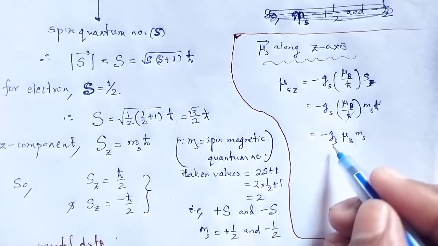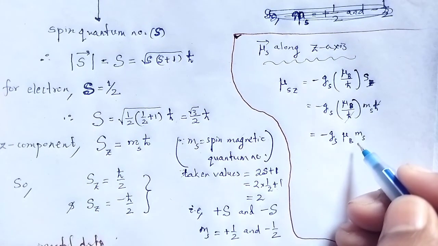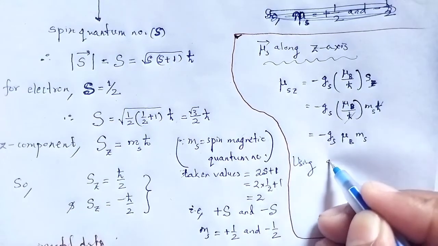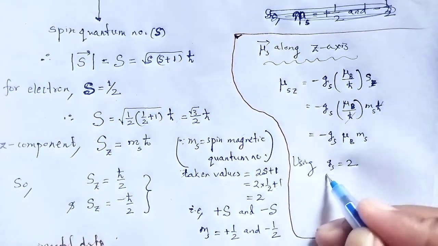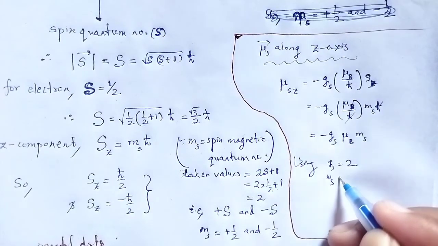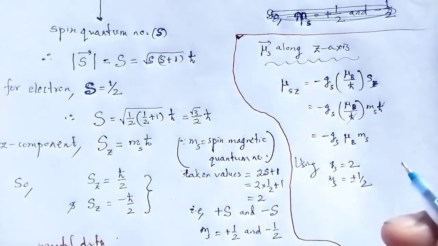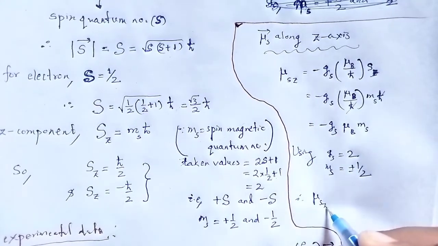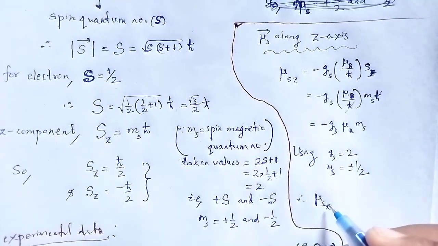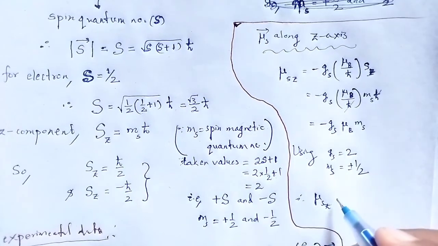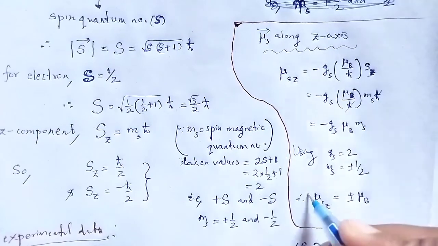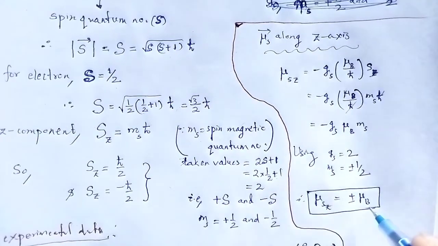Here we use Gs is equal to 2 and Ms is equal to plus or minus half. Therefore the z component of mu s will be plus or minus mu b.